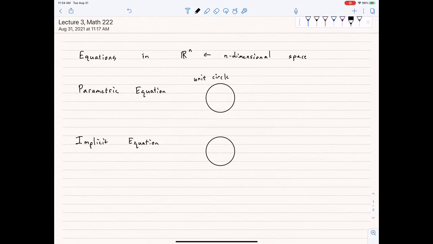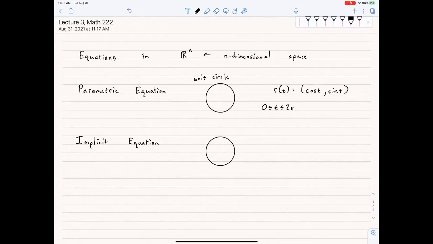If you go into a trig class, for example, one of the answers you'll get is the parametrization of the unit circle, which is most commonly written (cosine t, sine t). Here you have this parameter t, and you let it vary from 0 to 2 pi. So that's one equation you could get for the unit circle.